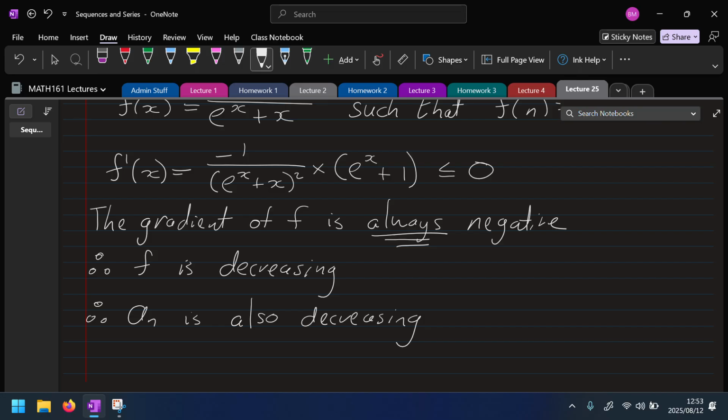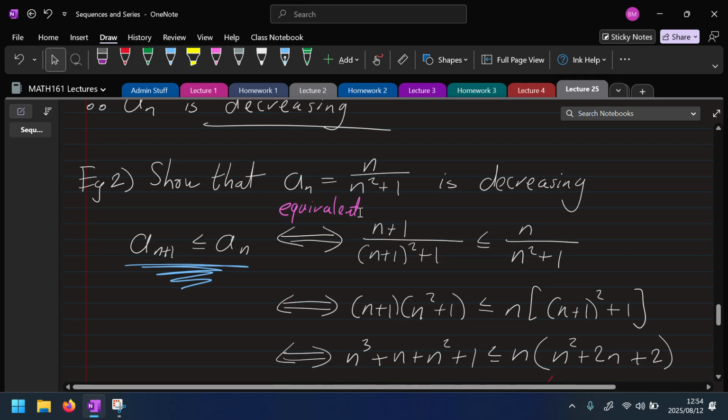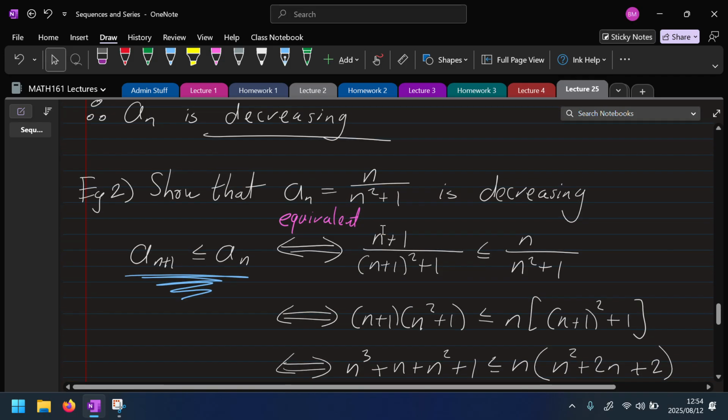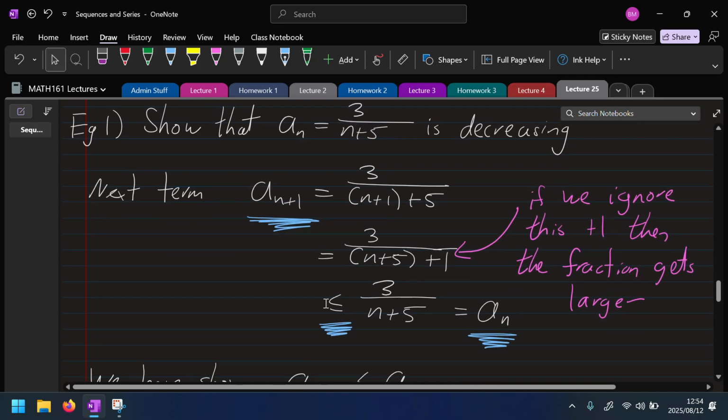So if f is decreasing, a_n is also decreasing. So this third method you can always use because you can take your sequence, you can write it as a function and do the derivative. Yeah. So this one always works. If you try to use this method with example 3, that's a bit of a problem there. Example 1, it's even more of a problem, right? Because you have to try put in this inequality.